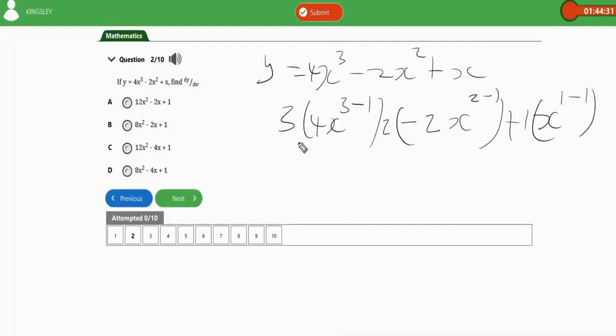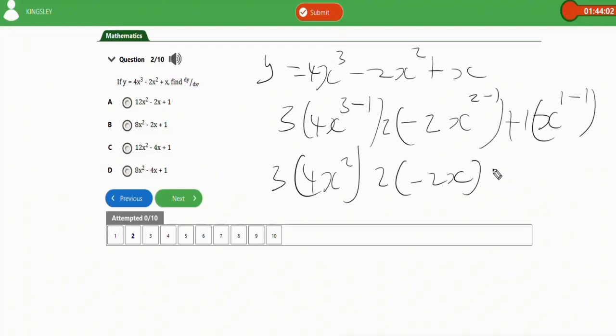When you simplify, you're going to have 4x cubed minus 1, which is the same thing as 4x, 3 minus 1 is 2, so 4x squared times 3. Let's break it down the more. So we have 2 in bracket minus 2x. Now 2 minus 1 is 1, so you can just leave it.